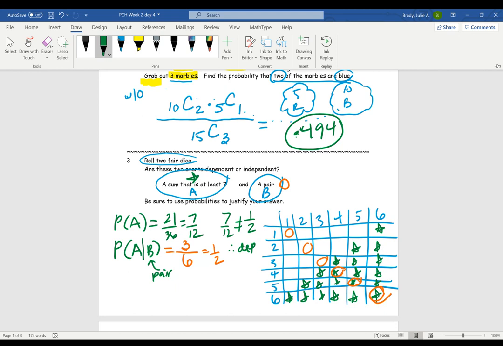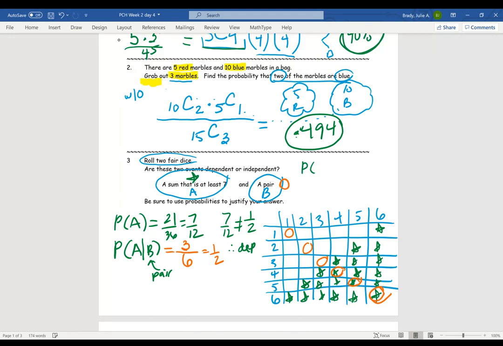Okay, so let's say the probability we get a pair, well, that's 6 out of 36, which is 1/6, versus the probability we got a pair, knowing that we got 7 or more. Okay, so this time I know that I got 7 or more. It's easier for me to do the denominator first.